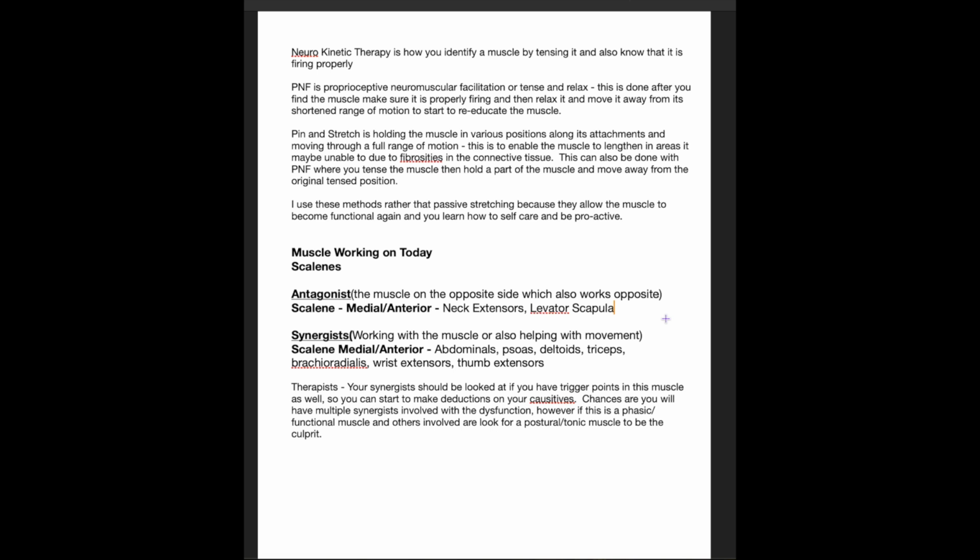And that travels up to the back of the neck into the cervical vertebra. And that's an antagonist to scalenes. So scalenes is very postural. If you're short in that scalene, these two muscles, which are also postural, are going to be pulling back, and so you're going to get thickening on them.